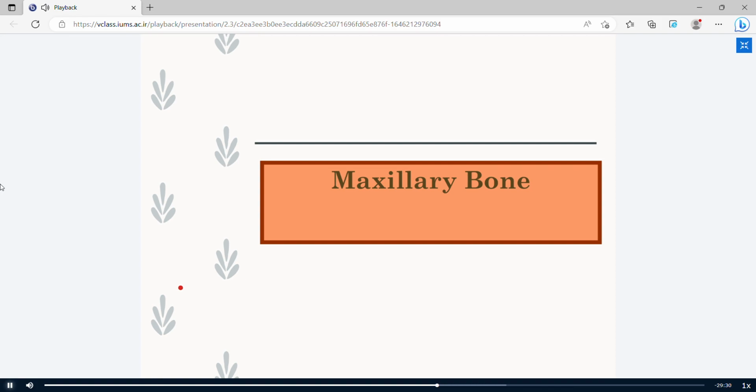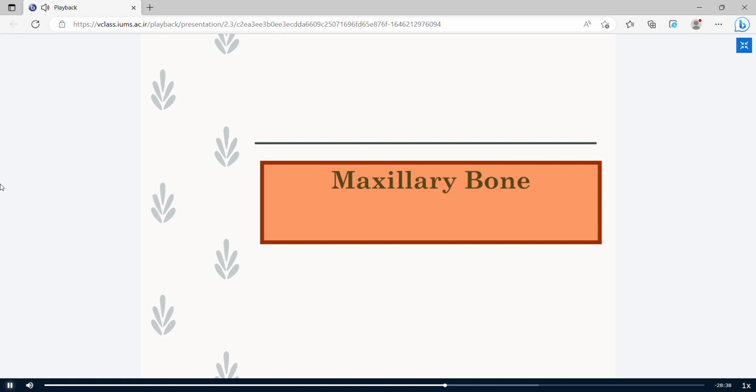Don't type in the public chat, please. Select the choice A, B, C, D. I told you petrous part of temporal has three surfaces: anterior, posterior, and inferior surface.